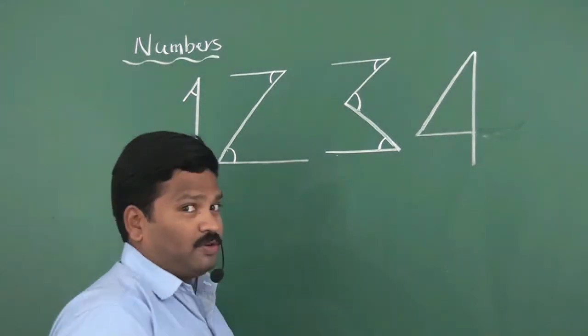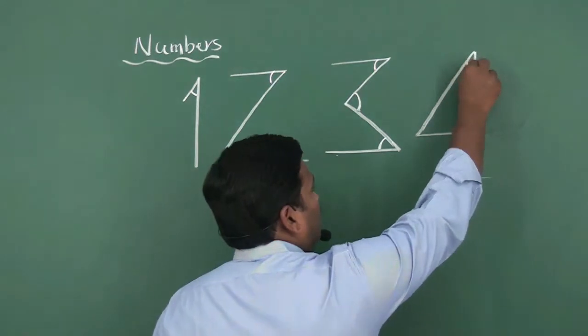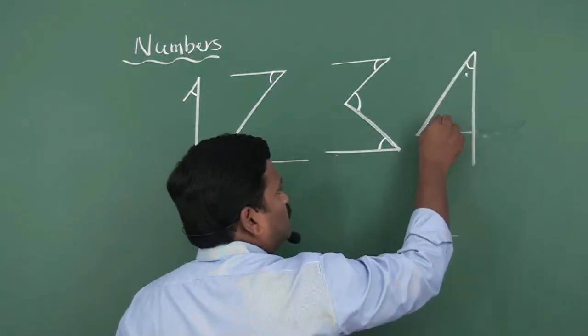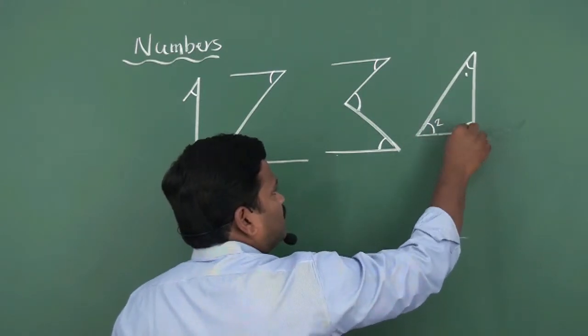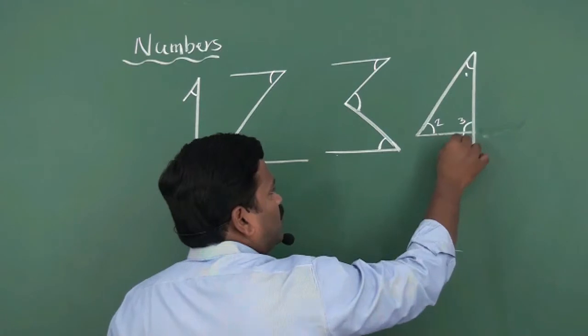How can you say it is a 4? Observe carefully. In this diagram, we have 4 angles: 1, 2, 3, and 4.